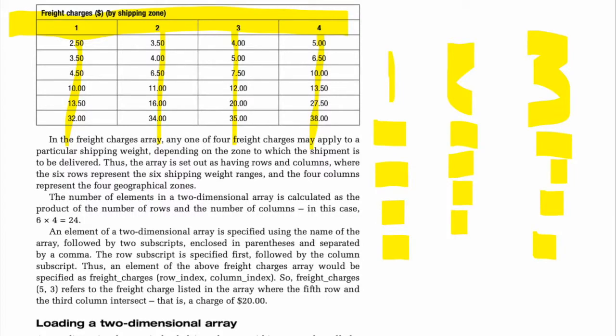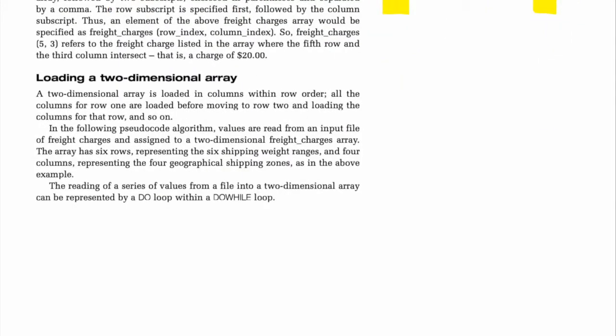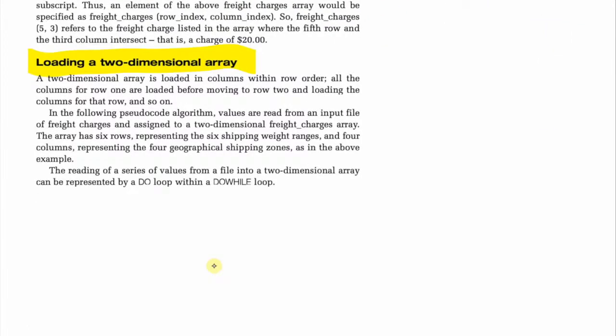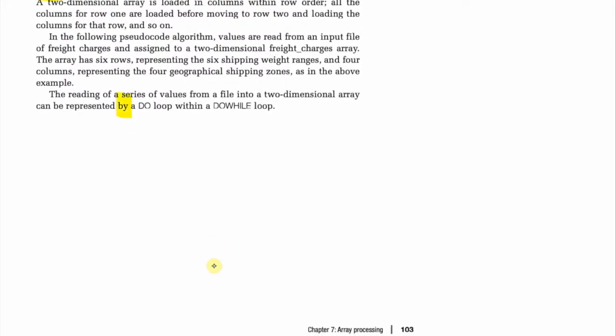This is the way we should conceptualize how we would use arrays to populate a multi-dimensional array with data. So what is that going to look like when it comes to actually loading a two-dimensional array in pseudocode? We can use either a do loop or a do while loop. Those are going to be the easiest to work with.